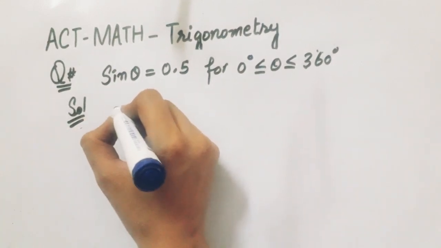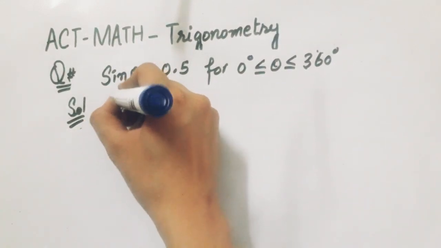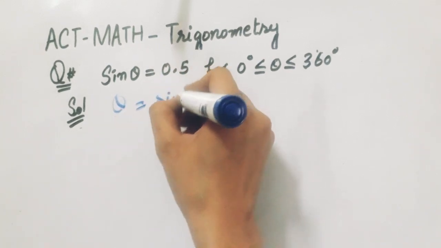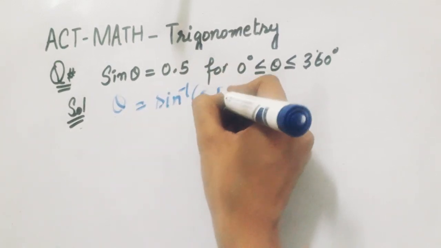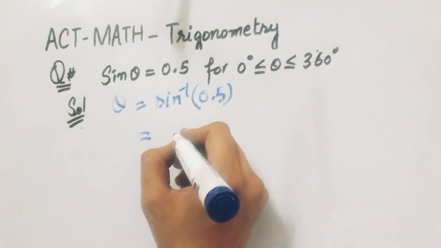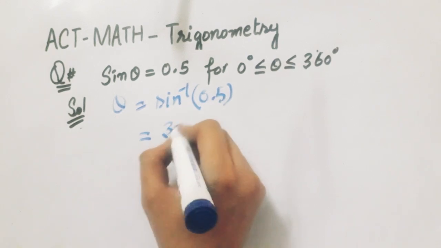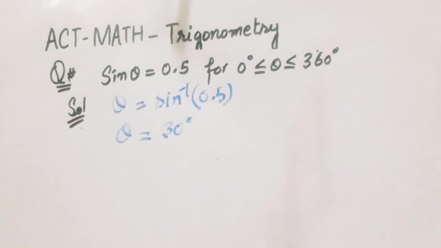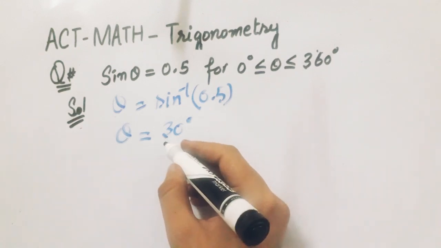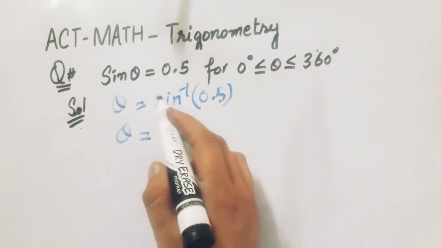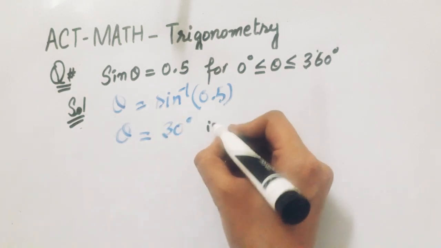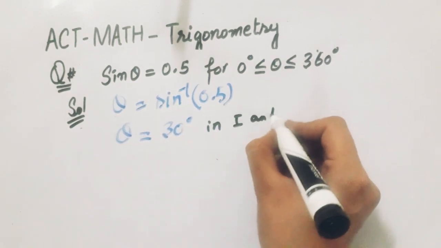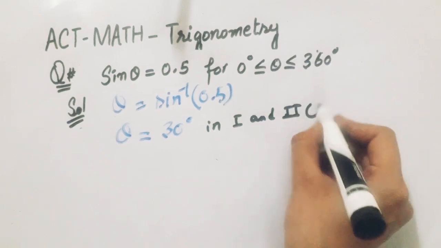first of all, theta is equal to sine inverse of 0.5 which is equal to 30 degree. So we have the value of theta is 30 degree and this is a positive angle and sin theta is positive in the first and the second quadrant.